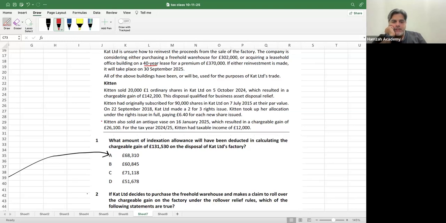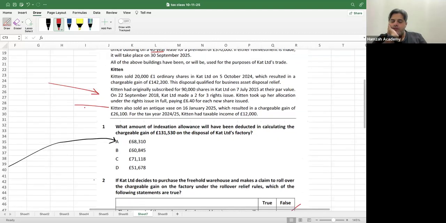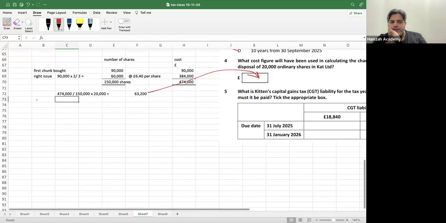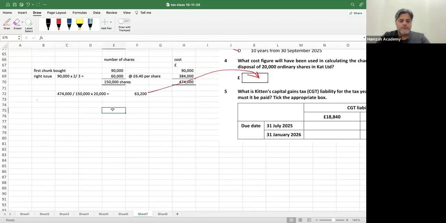This is a sale of antique watch, and this is the sale of shares. So we have two things over here. As far as the shares are concerned, they are the ones having the border. So we have the shares and then we have the watch.